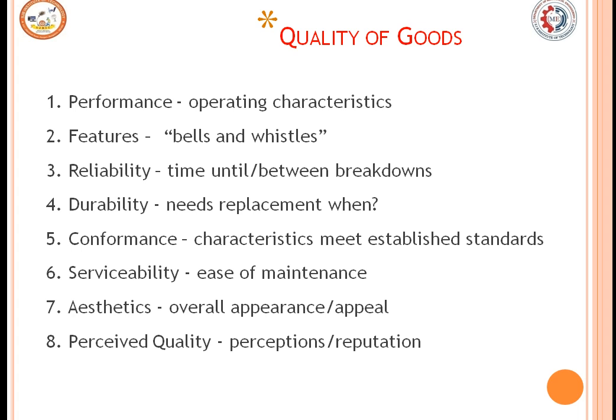It tells up to what time it will be working, how safe it is, and when it starts failing continuously. Durability tells when replacement is supposed to be done. Some parts are going to fail, so to keep the product moving, you have to replace the parts. Conformance tells that the characteristics meet established standards.